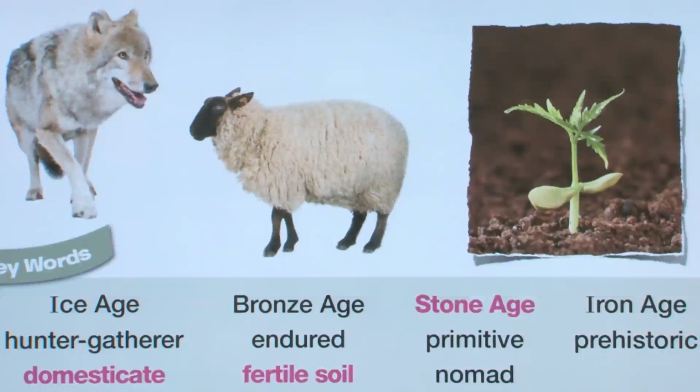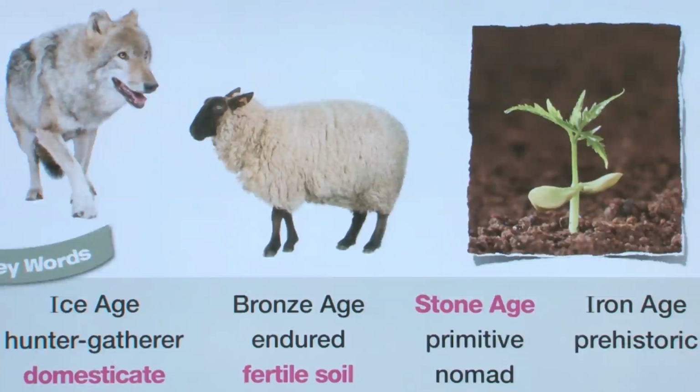But it was during that time period that people began to grow plants. They began to grow plants in fertile soil. Fertile soil simply means very rich soil. It's full of many nutrients to help plants grow up big and strong.